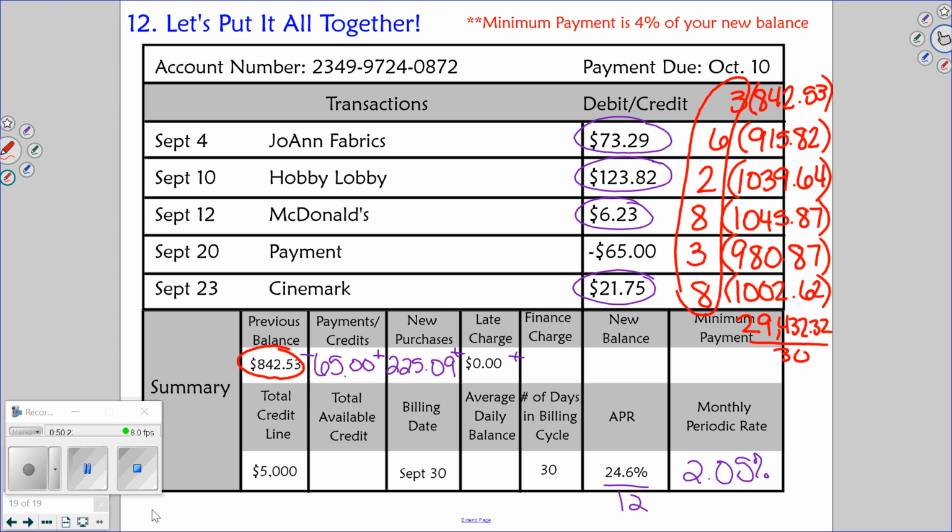Uh-oh. I got 8 cents. You got 8 cents? Mrs. McCourt had 8 cents too. I checked answers with her this morning. So that is your average daily balance. My guess is you hit one wrong key when you typed it in. So your average daily balance was $981.08.